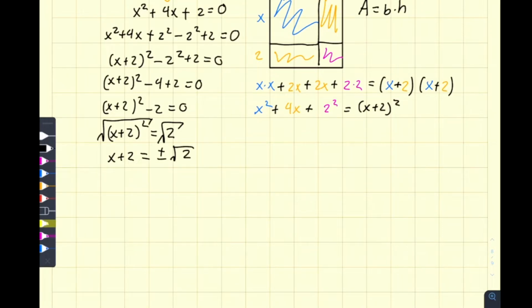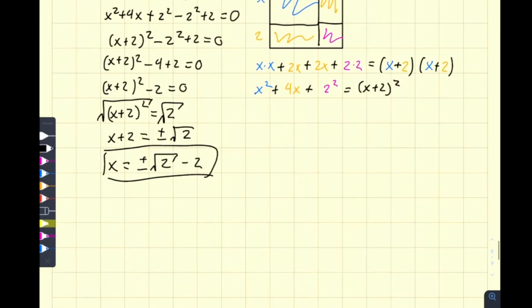Now that we have this, we have to remove 2 from both sides to isolate the x. So this is your solution. X equaling plus or minus the square root of 2, minus 2. A lot of students have this problem of thinking that this belongs to both of them.